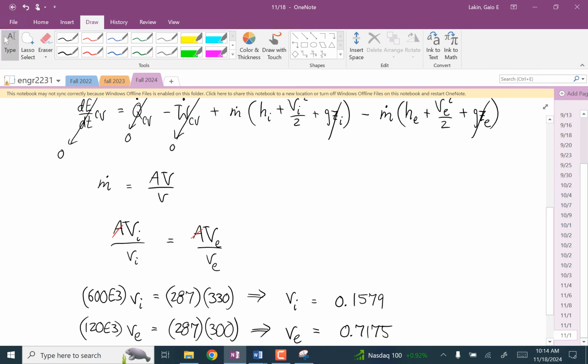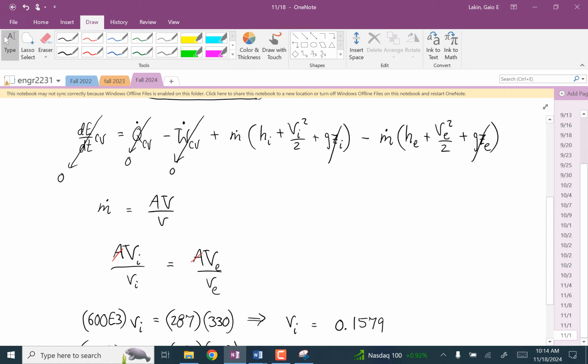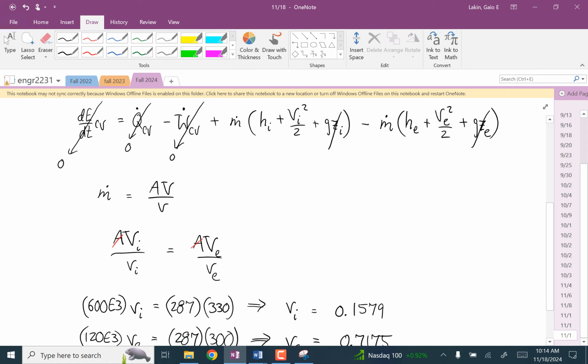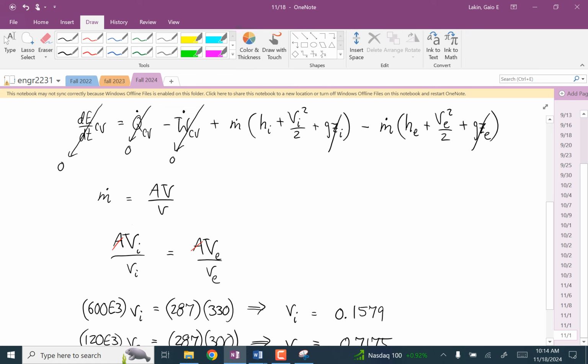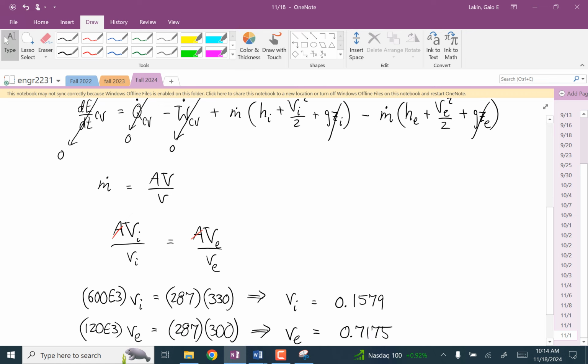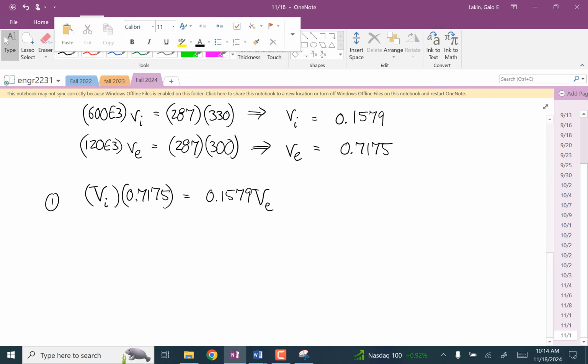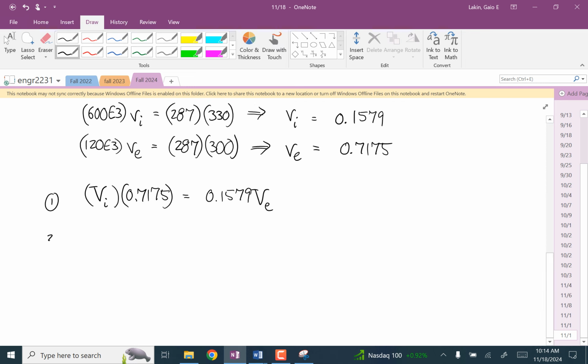And then we'll go to the first law for control volumes. So we can divide everything by m dot, and we get that hi plus Vi squared over 2 is equal to he plus Ve squared over 2.